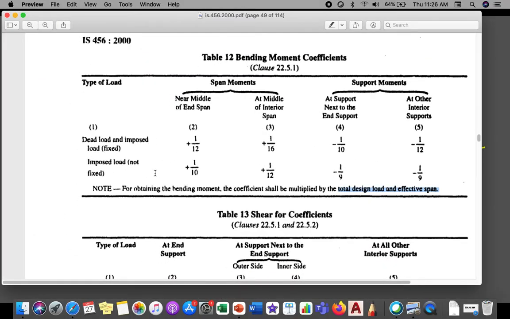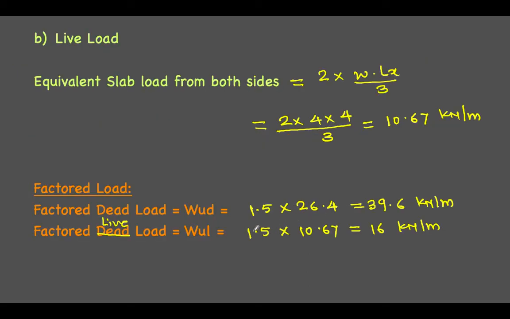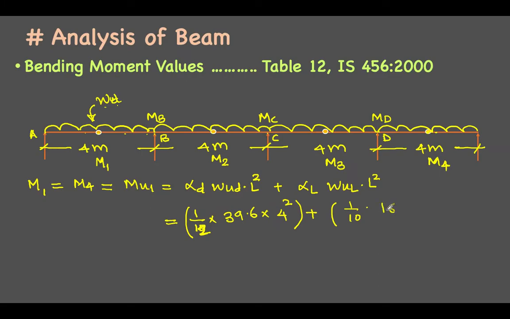Now we have to consider imposed load. It is 1 by 10, so alpha L is 1 by 10 into WUL, which we have calculated as factored 16, into 4 square. In this way we get 78.4 kilonewton meter. This is the moment.